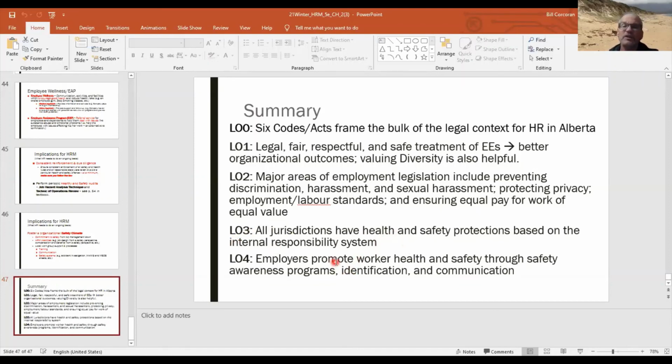And finally, there are ways that employers or human resources can really help with a health and safety program, chiefly through safety awareness programs, identifying hazards, and communication, just sort of getting the word out and making sure that people are operating on a safe basis.